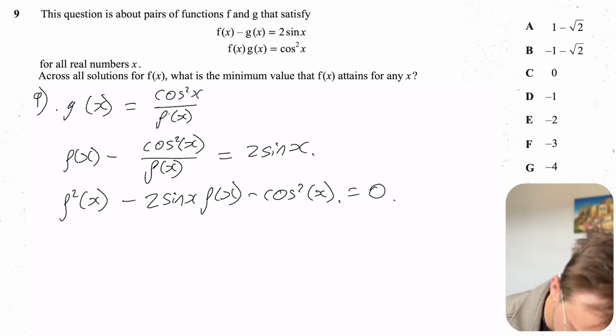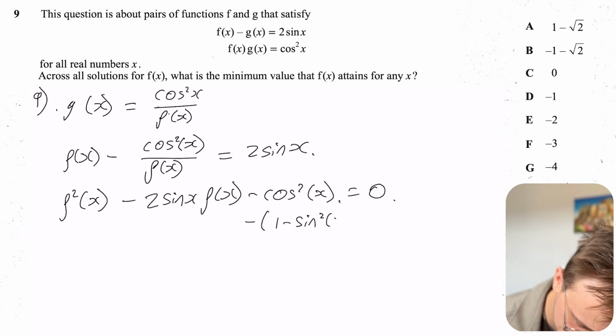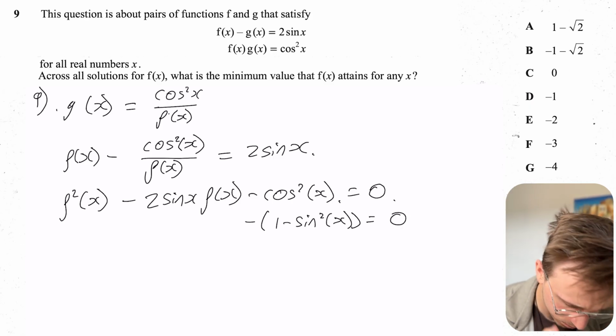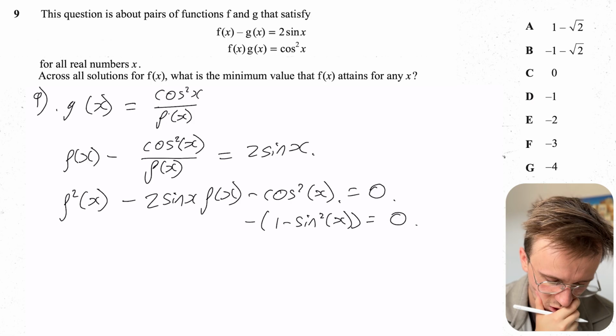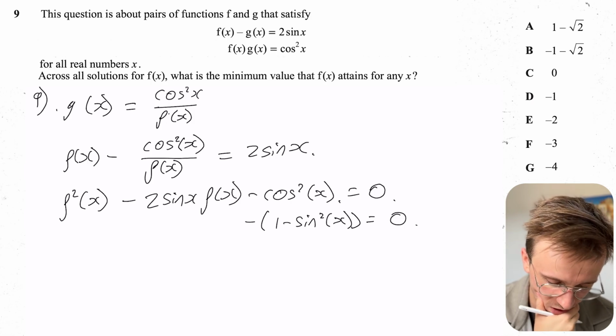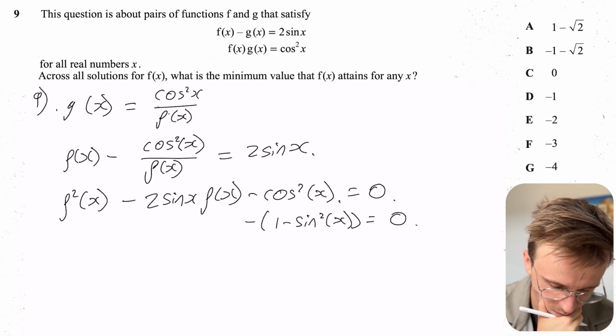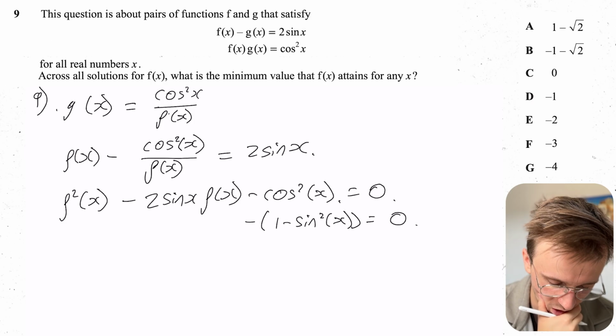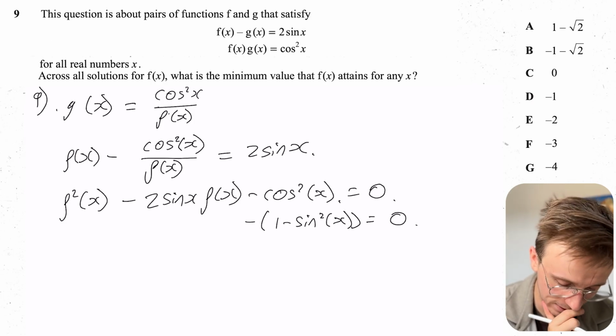Okay, so let me expand this to be minus 1 minus sine squared x equals 0. And I know f of x has to be some form of a sine x. Otherwise it won't break down. Sorry, it will break down.